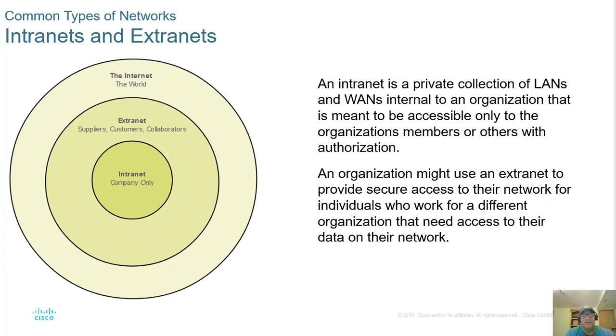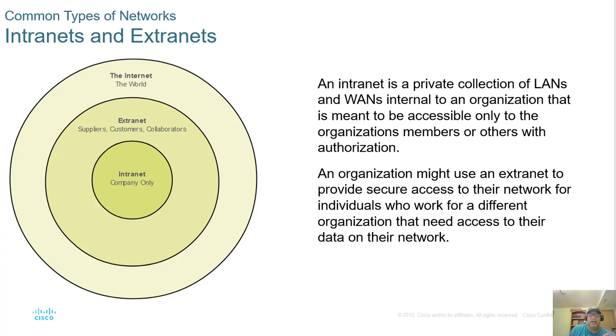This slide just talks about the idea that there is an internet, which is around the outside, which is the world. And then there are 2 other terms to define on this slide. The extranet, which is where organizations or people share security measures and information just to each other.